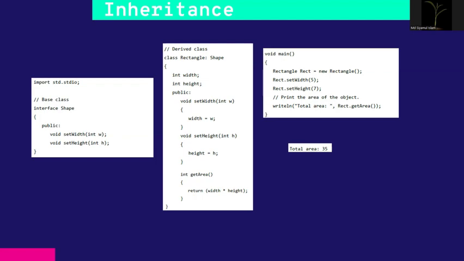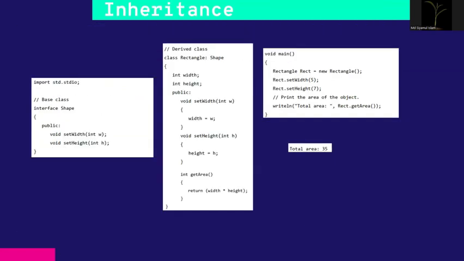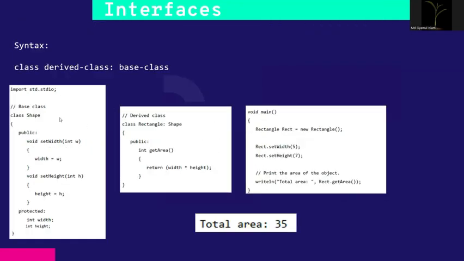The base class is used for the main declaration, and the derived class uses the content of the base class. For example, here there is a class.